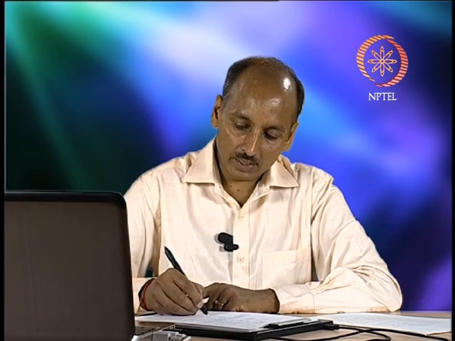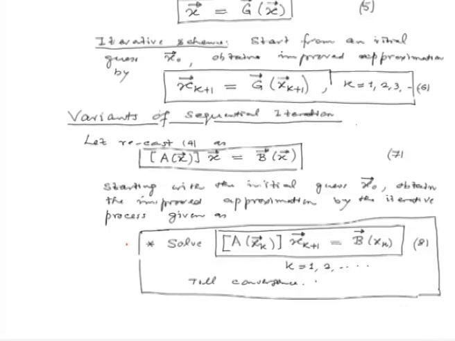There is yet another way possible. We can make a slight modification to this scheme, and that modification is based on the choice of x k plus 1 in the evaluation of terms, that is, matrix A and the right hand side vector b.